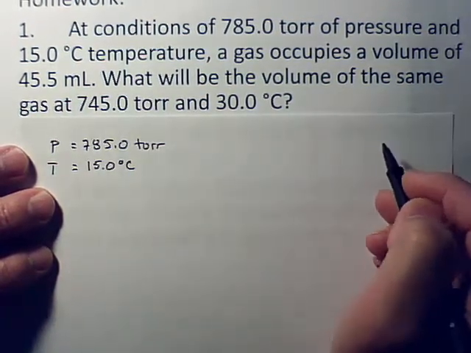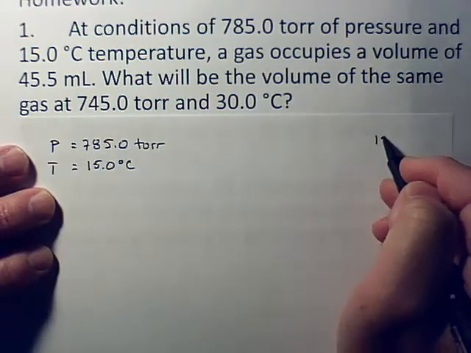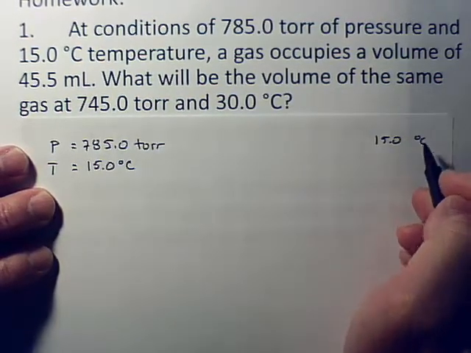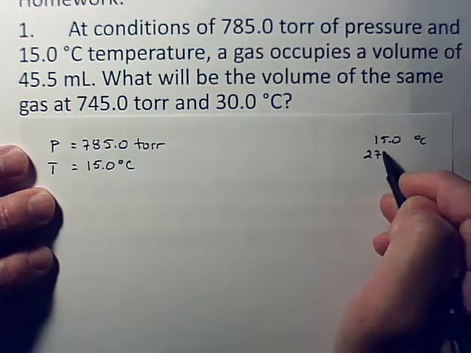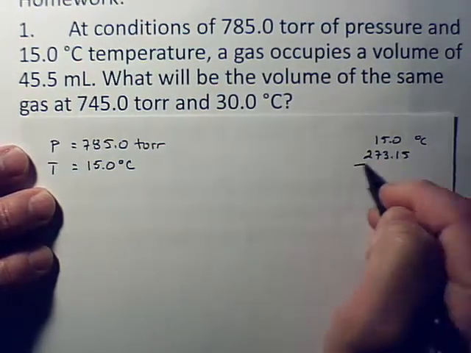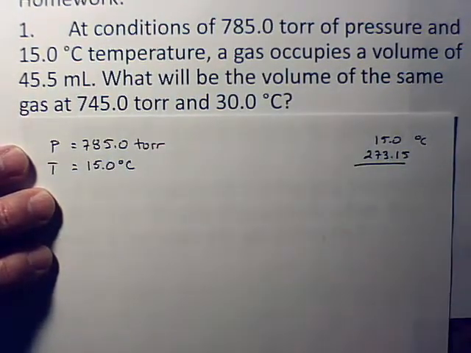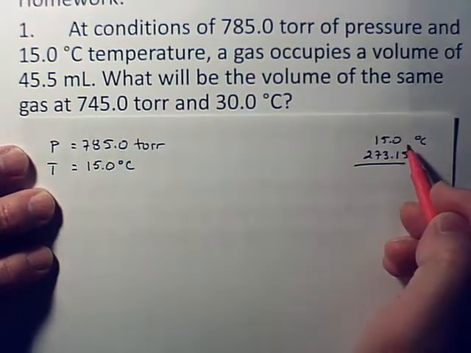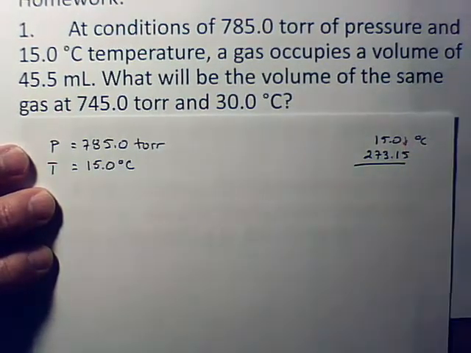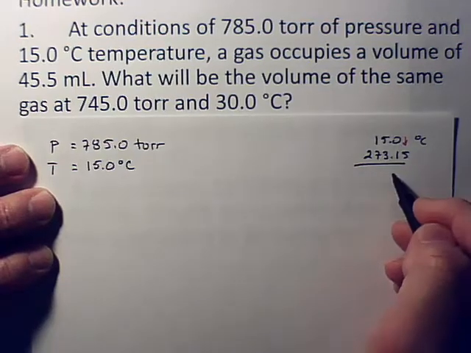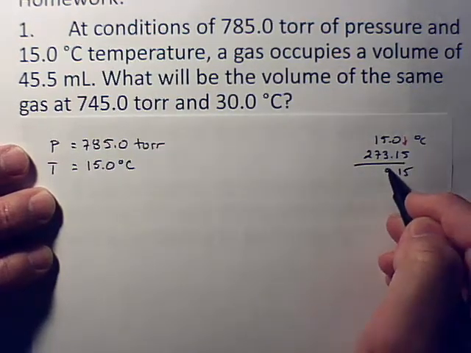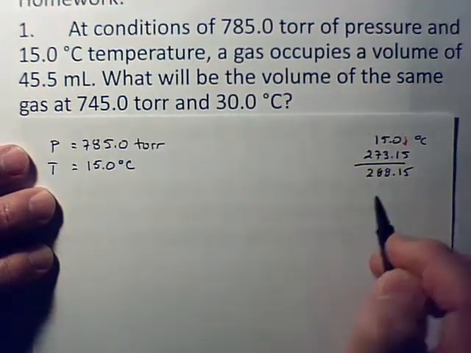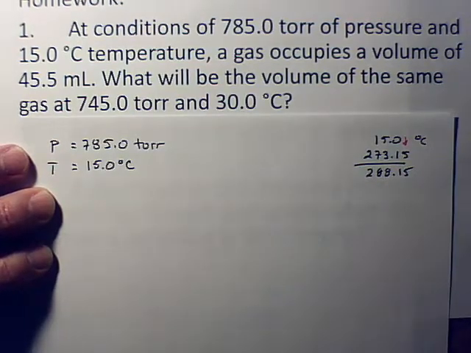So I'm going to take this 15.0 degrees C and add 273.15 to it. I've got an empty slot over this 5 here on the end. And so we get 288.15. So what did you guys get?